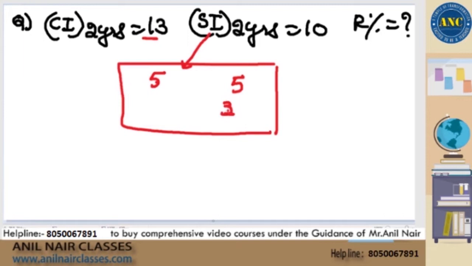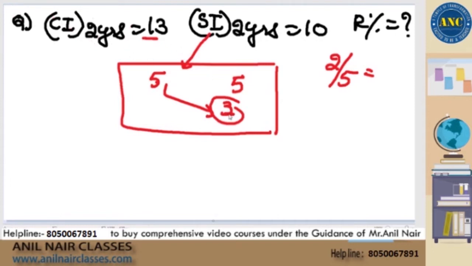How much more do we require? 13 minus 10, 3. This is nothing but the interest on the previous year's interest. The 5 is becoming a 3, so there will be a 2 on 5. I hope it is clear, right, sir? So, 2 on 5. Clear, right, sir? Next one.